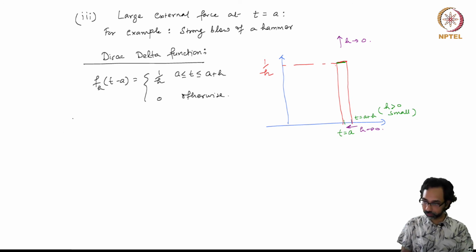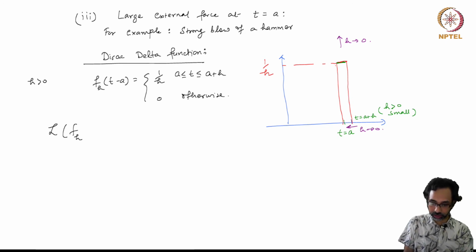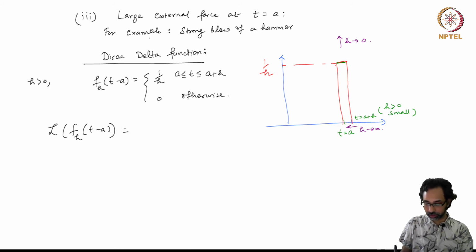So we can try to consider what happens when you take the Laplace transform for such a function. The Laplace transform of f_h(t minus a), where h is positive, is equal to the integral from a to a plus h of 1 over h e to the power minus st dt.